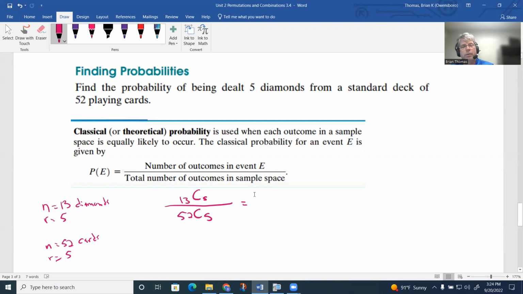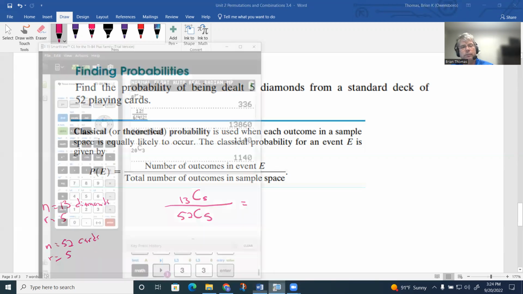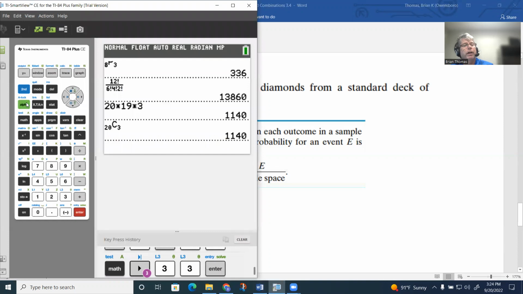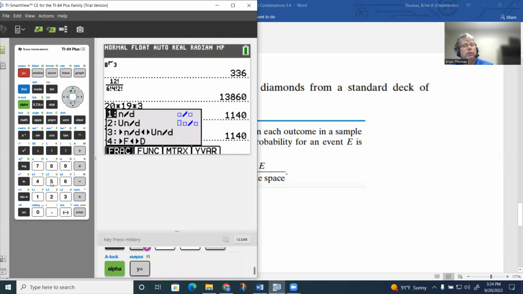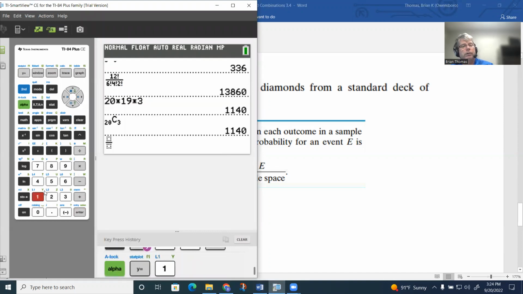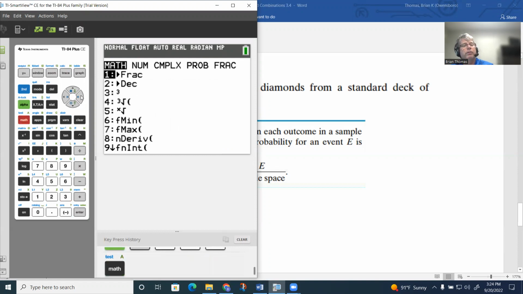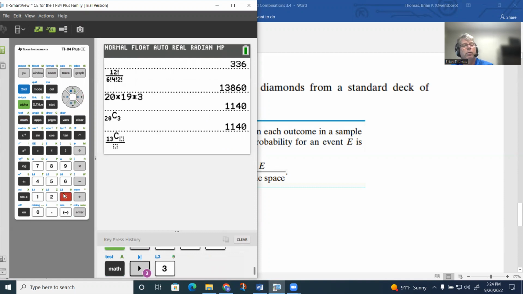So if I can put that into the calculator, so if I hit the alpha button, use the N over D button, so the top is going to be 13 diamonds, and we're recognizing this is a combination. That's number 3. We're only going to choose 5 diamonds. So that's the number of outcomes that we can get as far as the event goes.